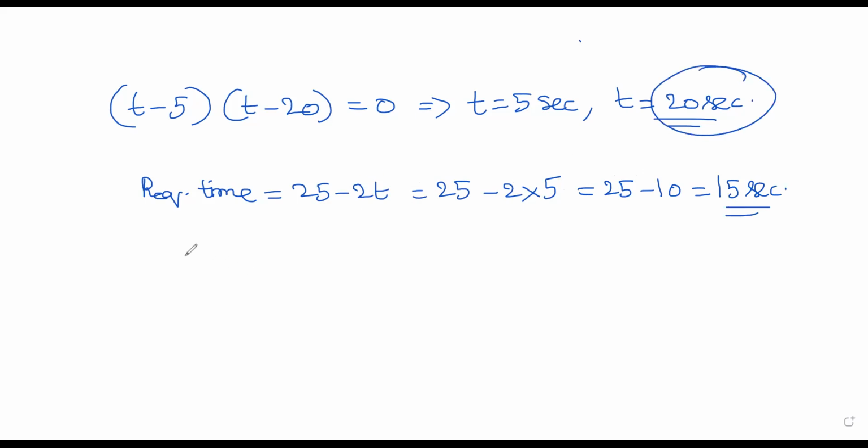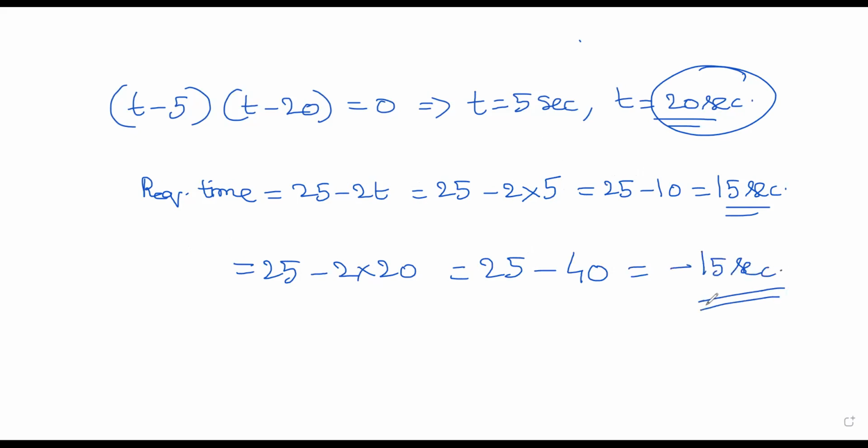So required time 25 minus 2 into 20. So 25 minus 40 is what we got, which gives negative 15 seconds. So the negative time we will not consider. It's only the positive time which we take into the picture.